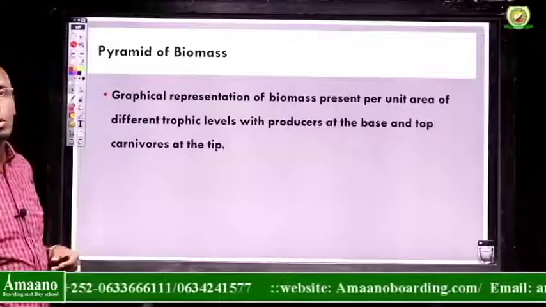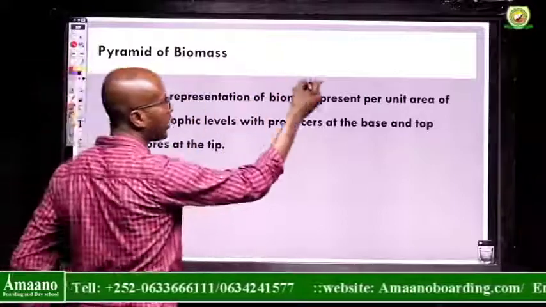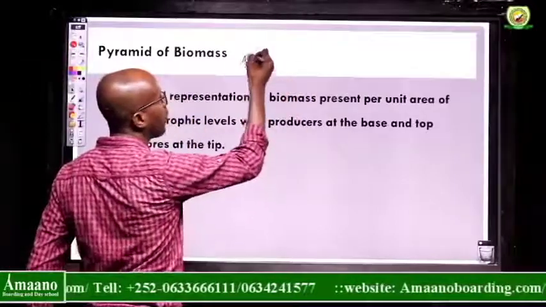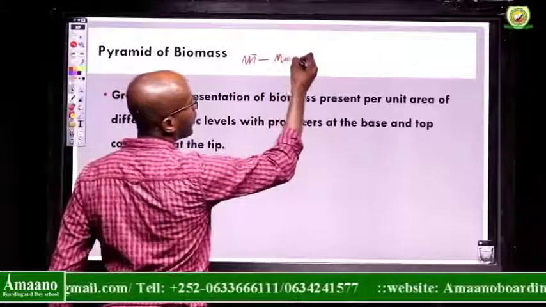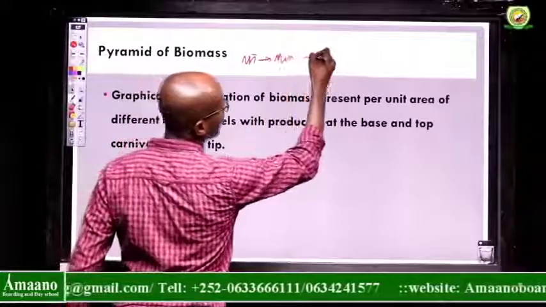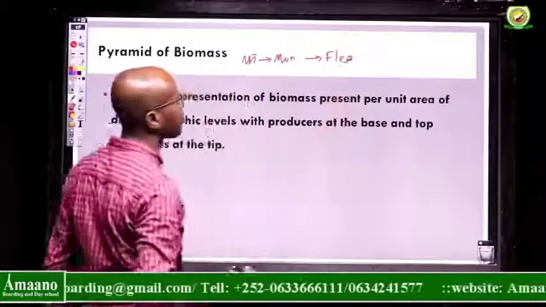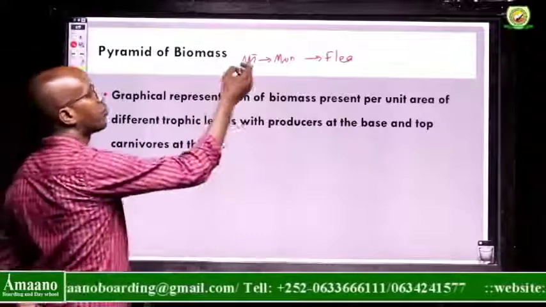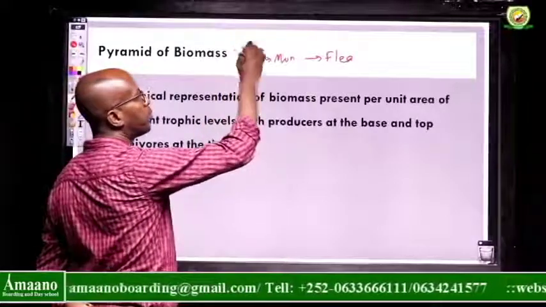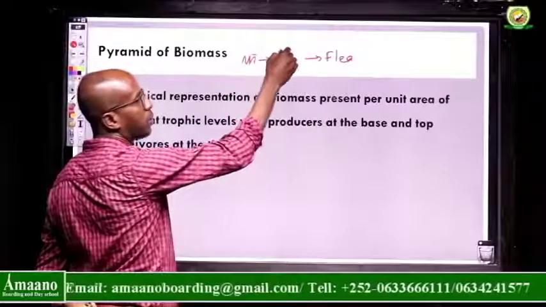If you have the same food chain, for example, a mango tree, a monkey, and a flea, the mass of this tree is much greater than the mass of a monkey.